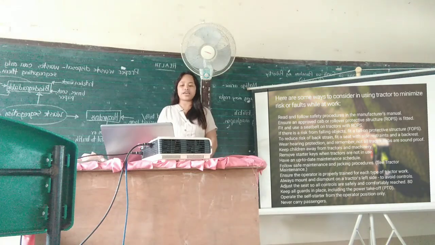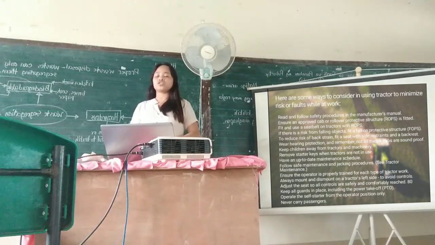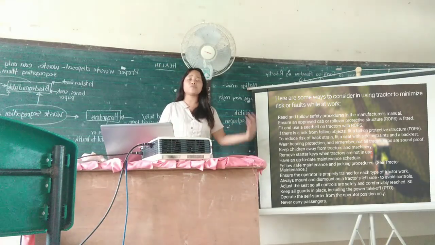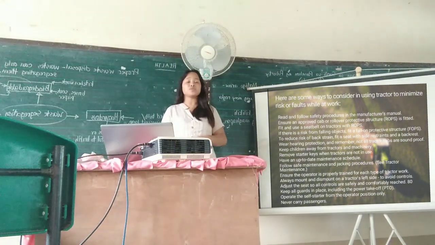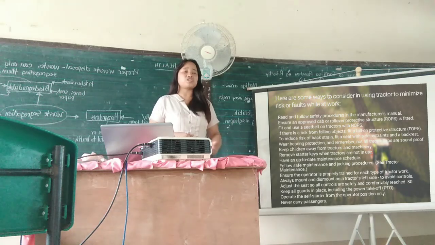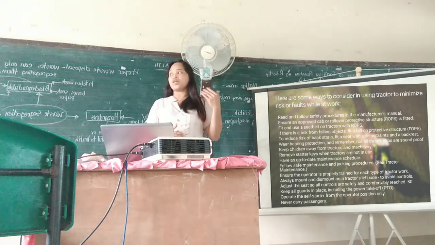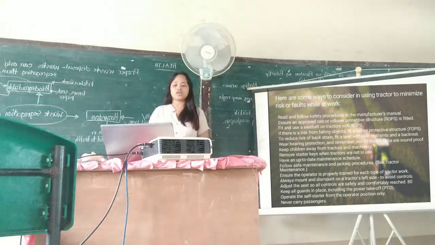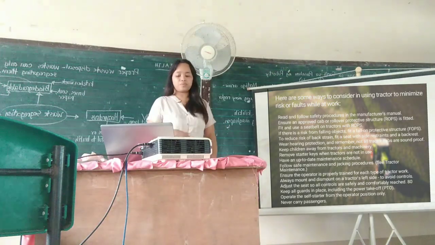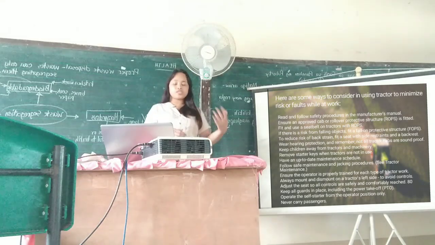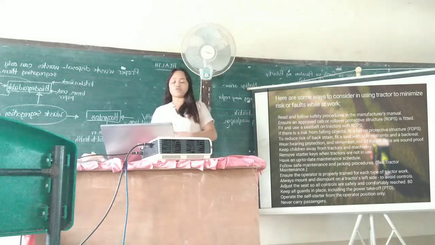So remove starter keys when tractors or other machines or equipment are not in use. Have an up-to-date maintenance check-up of the equipment that you have on your farm. Then follow safe maintenance and servicing procedures. Always mount and dismount on the tractor's left side to avoid controls.